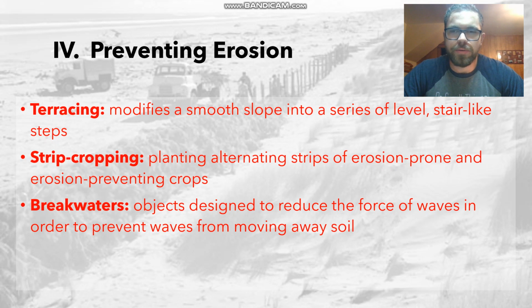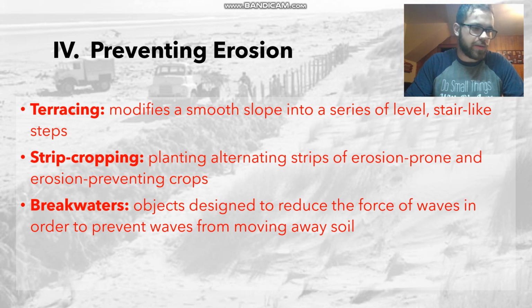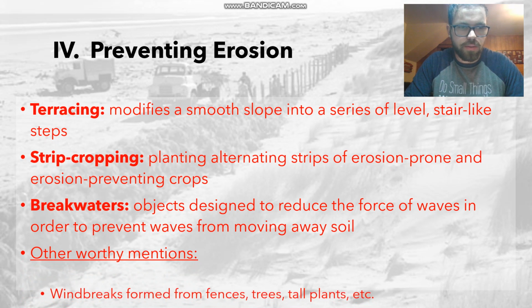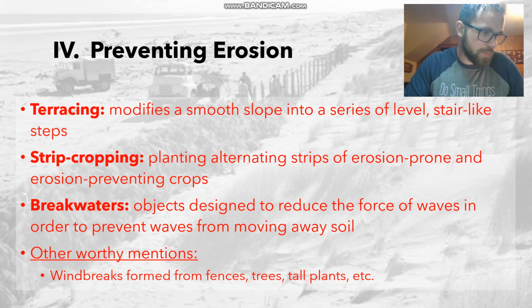But it's just a line of rocks or something that prevents the waves from just washing over. And then really quickly, windbreaks formed from fences, trees, tall plants, etc.